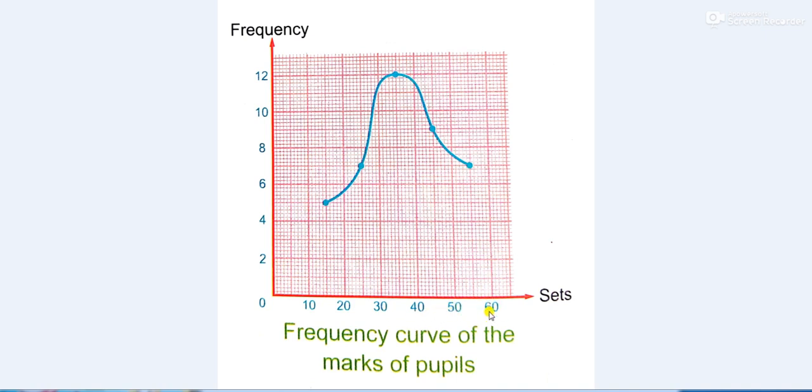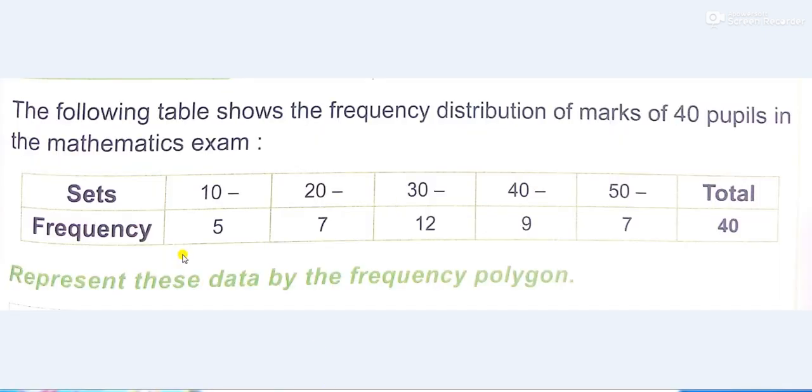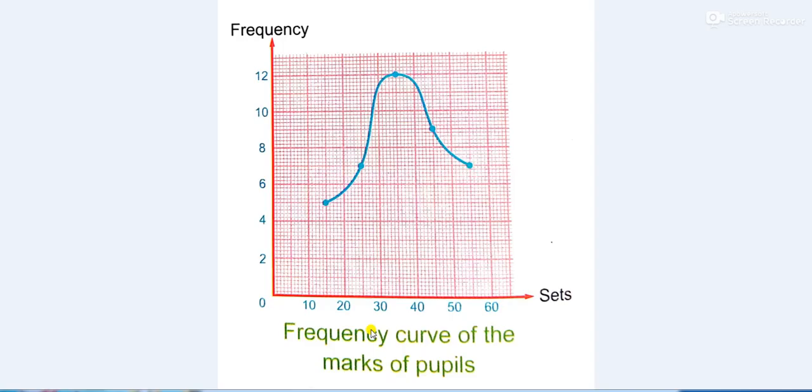And the frequencies: look at the table, the greatest value is 12. We want to reach 12, so we grade the axis by 2: 2, 4, 6, 8, 10, and 12.